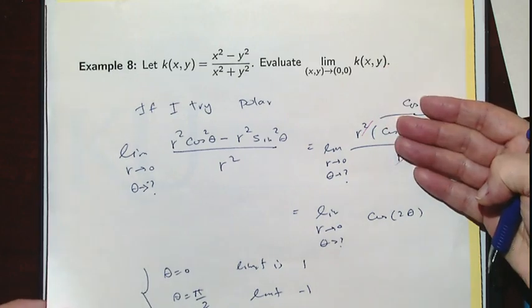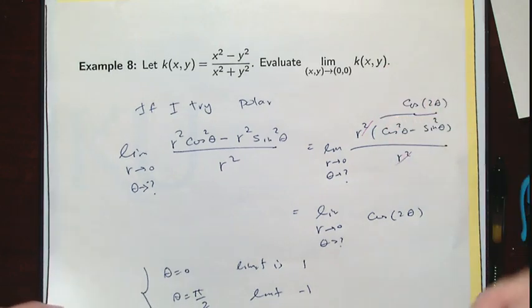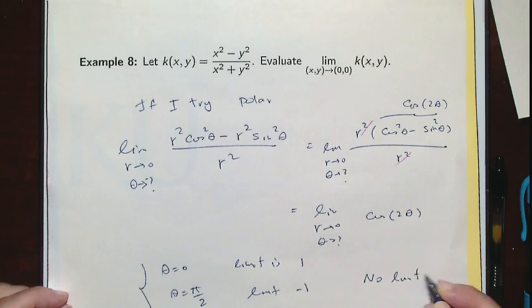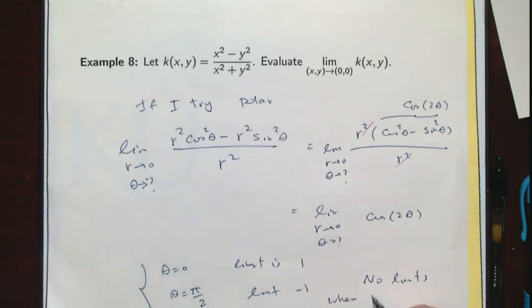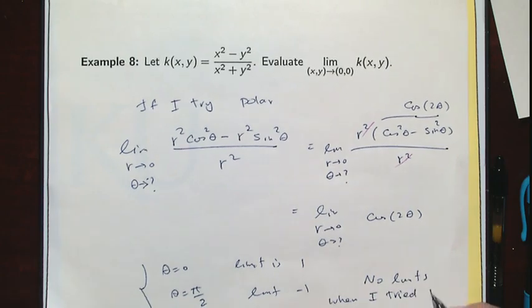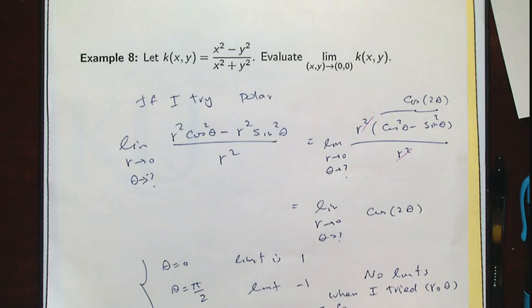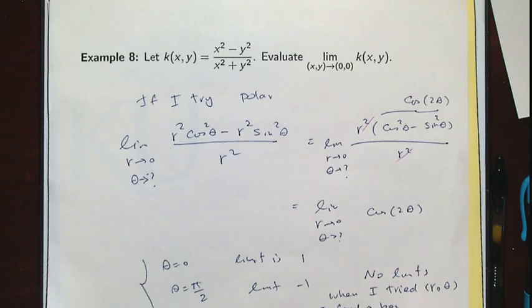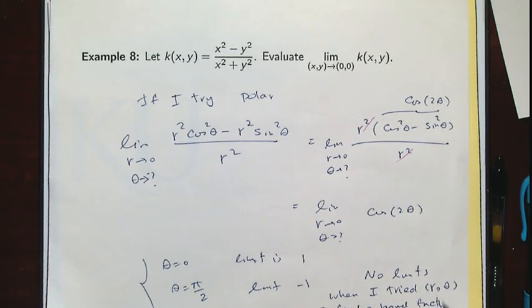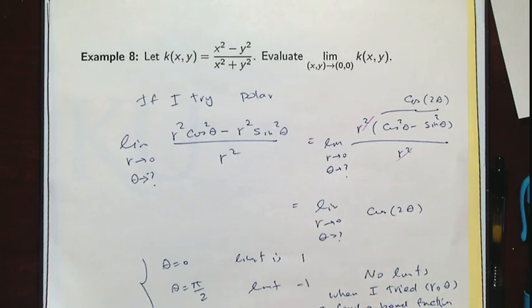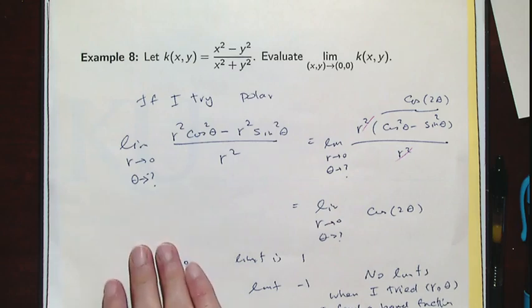When I tried r and theta, what happened? I found a bounded function only, which is not giving me a limit because there's nothing going to 0 multiplying it.